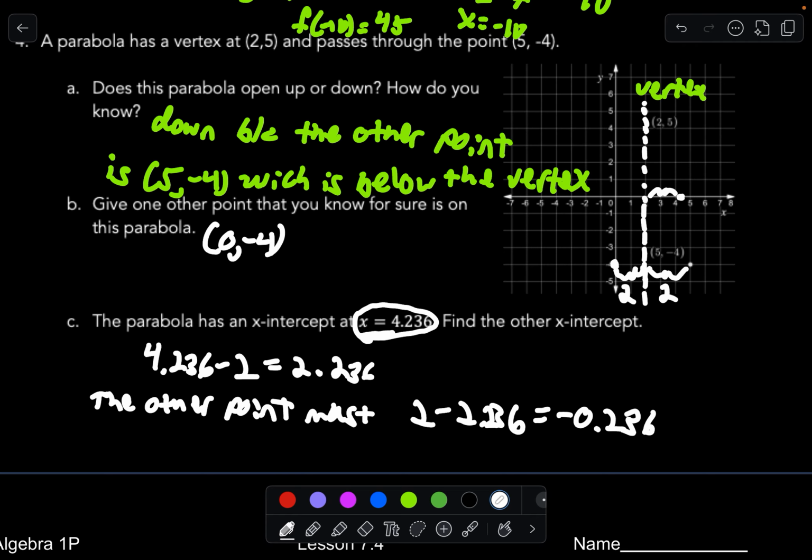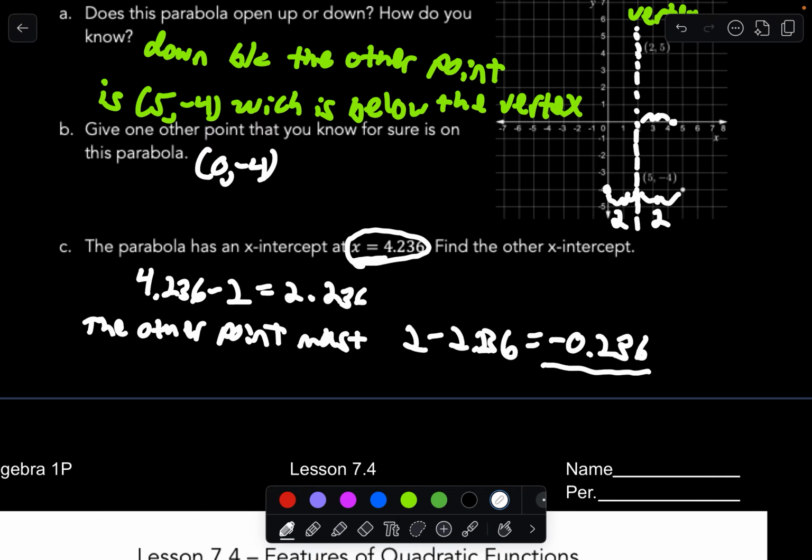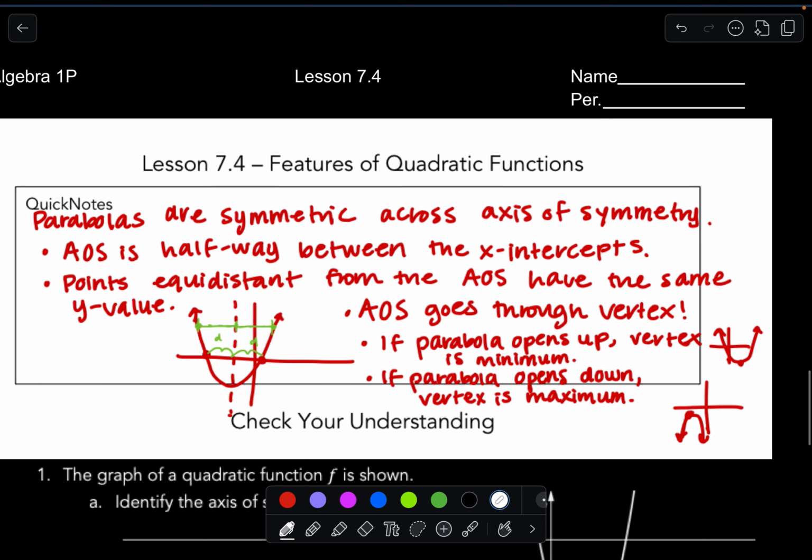Sorry, I miswrote that. It's 2 minus 2.236. And so there's the other x-intercept, and you got that from symmetry, by looking at the distance the x-intercept is away from the axis of symmetry.